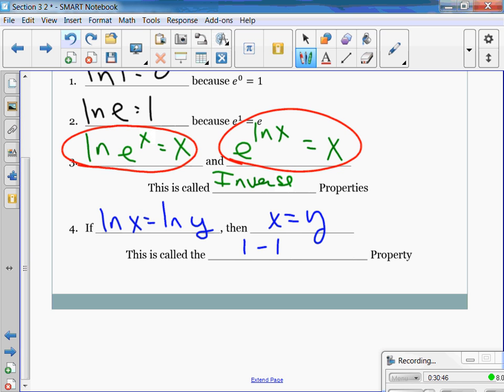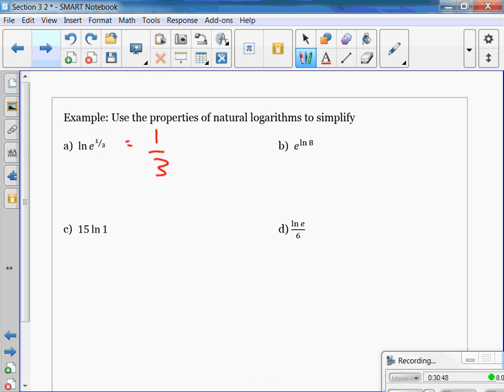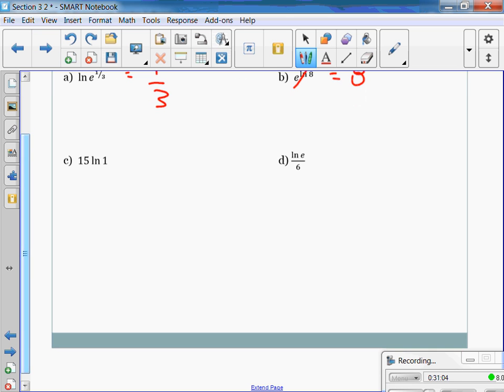And that leaves Chris with the last two. So 15 times the natural log of 1. What is the natural log of 1? Absolutely, with that first property, we know the natural log of 1 is 0.